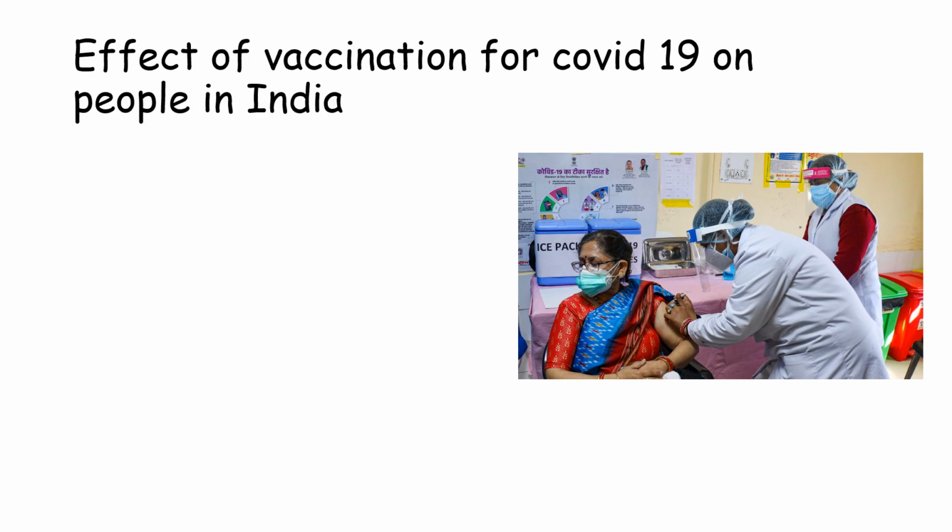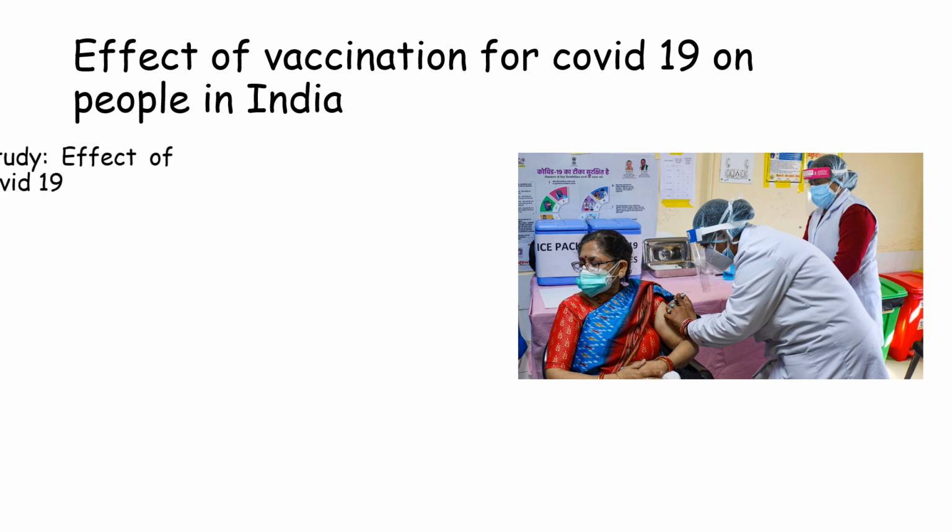Take for example, if you're interested to make a study on the effect of vaccination for COVID-19 on people in India, for an individual researcher, it is not possible to make such a huge study as it involves lot of time and cost. In such cases, framing a research design will help the researcher to narrow down the study.